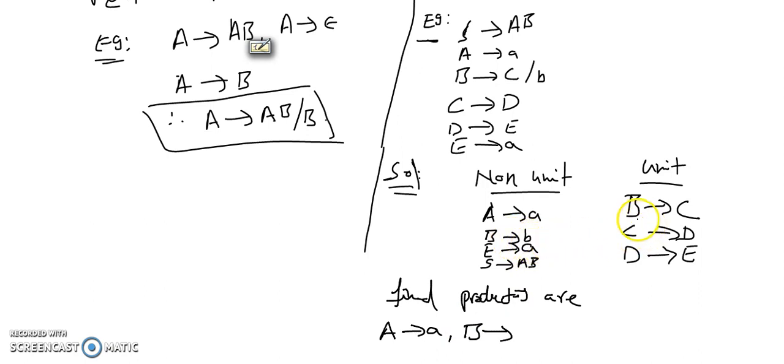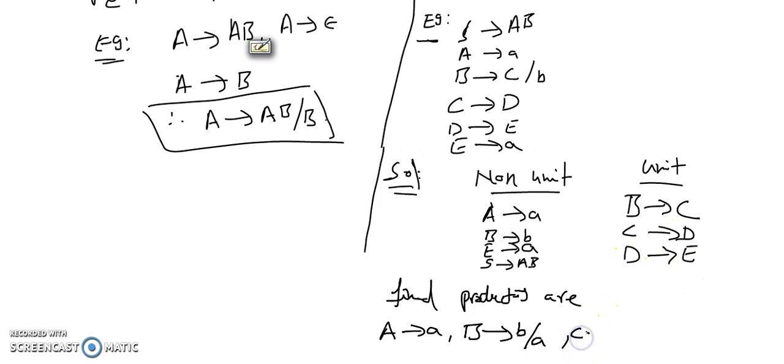If you observe, B tends to C, C tends to D, D tends to E, then E tends to small a, so by the transitivity property B generates small a. And C tends to D, D tends to E, E tends to small a, so that C tends to small a.